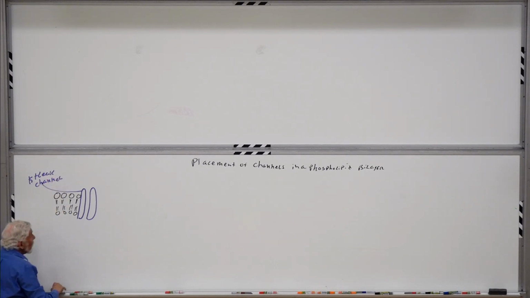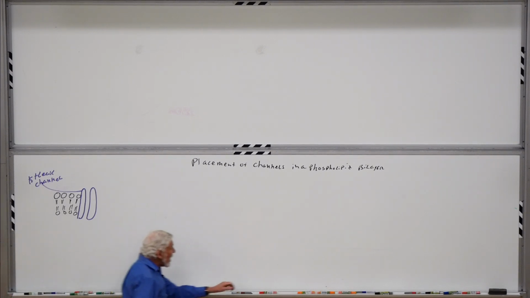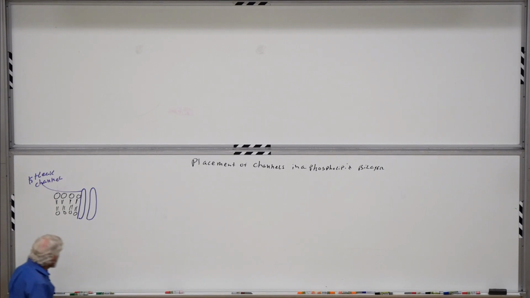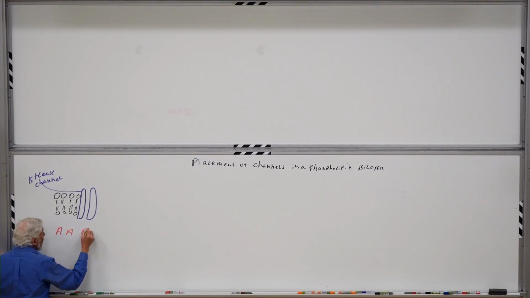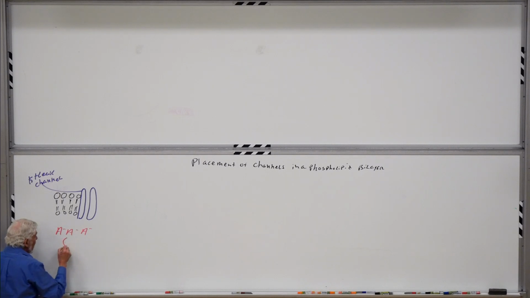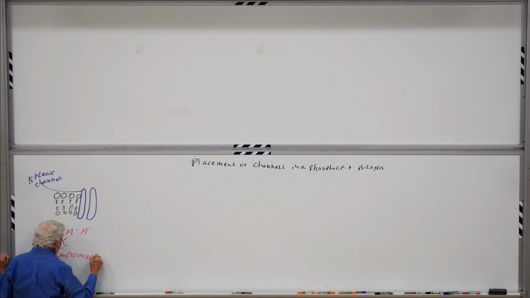The potassium leak channel is permeable only to potassium. And we laid out in a kind of thought experiment the concept that on the cytoplasmic side of the cell, there were these large negative anions. These are impermeant anions.